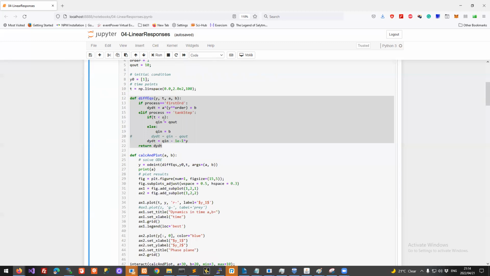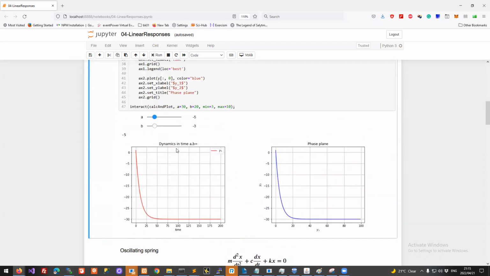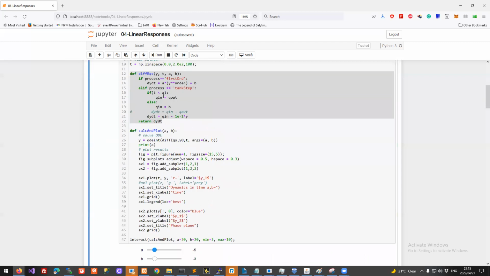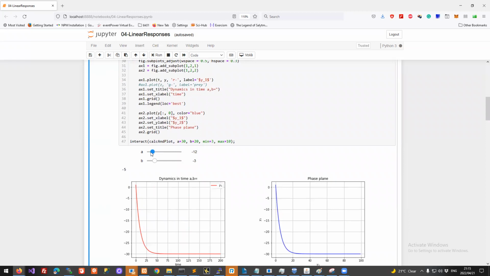So if A is negative, then that means the process, because we are integrating from 0 upwards, that means the step has already occurred in the past. So we are not seeing a discrete change in our responses yet, because the step already happened before we started looking at the system.